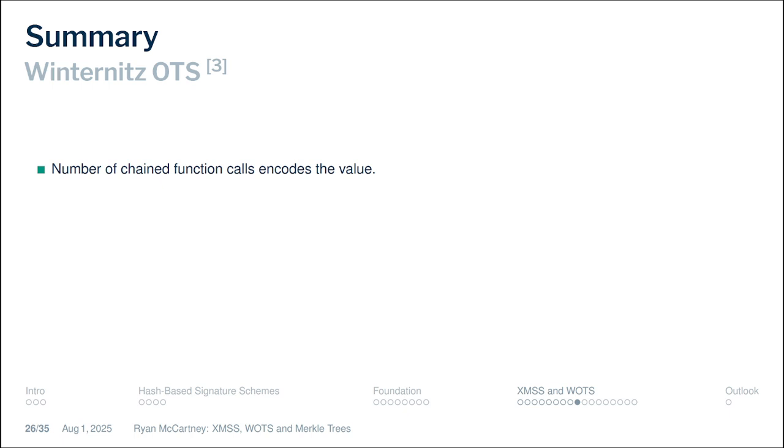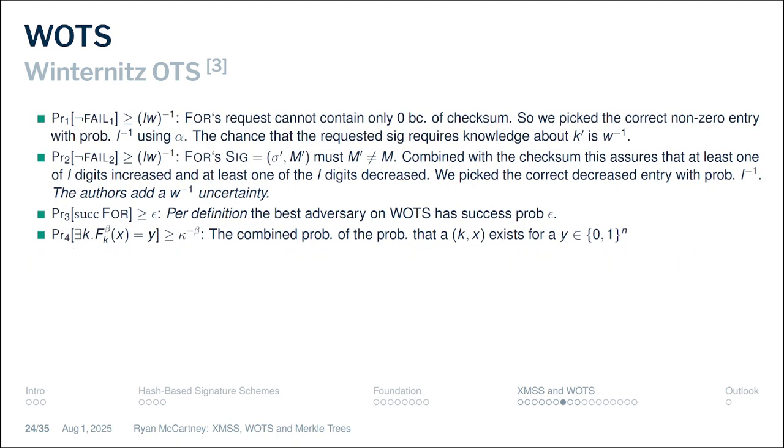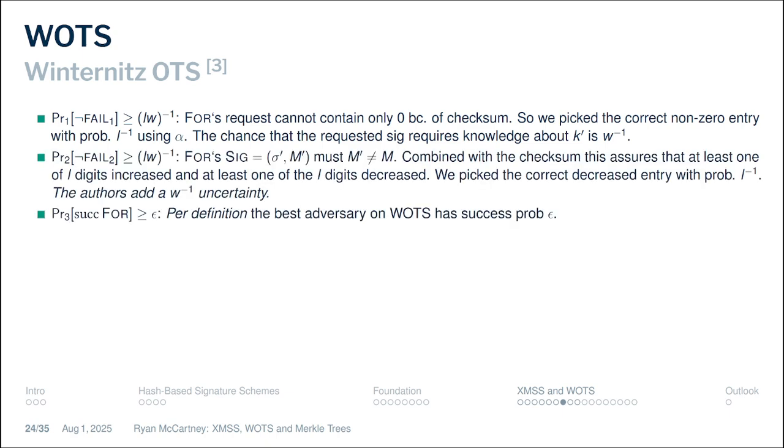So now we've shown that if you have this forger for WOTS, which breaks the EU-CMA property we are defining here, we can now reduce this to the key uniqueness and reduce this to the pseudo-random function property, which is our assumption. So if any forger of this EU-CMA also breaks our assumption, this forger cannot exist.